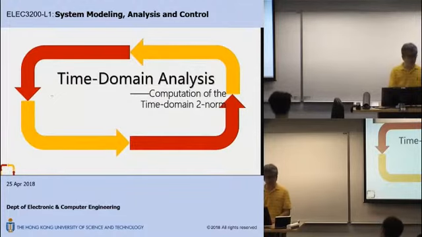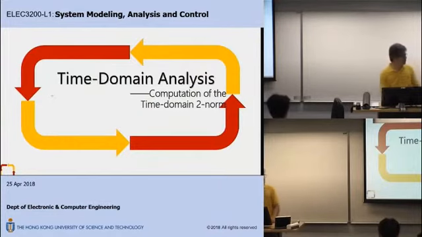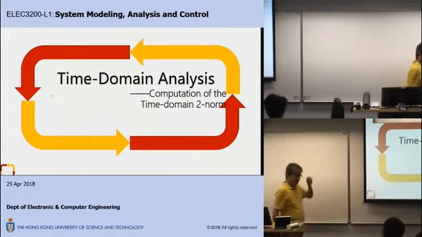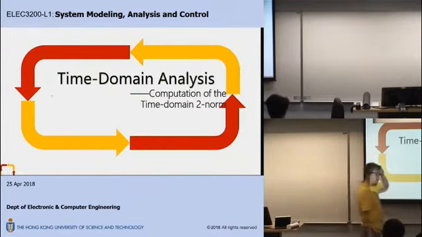We defined three norms: infinity norm, one norm, and two norm. Sometimes those norms are pretty hard to compute. If the signal is complicated, with a lot of sine, cosine, and exponential terms, computing the norm is kind of hard.